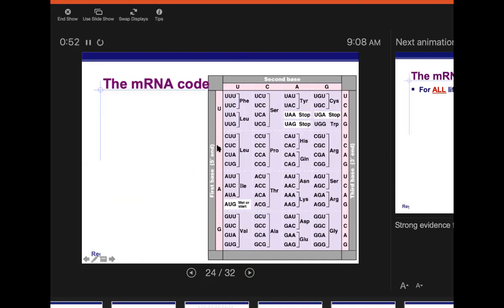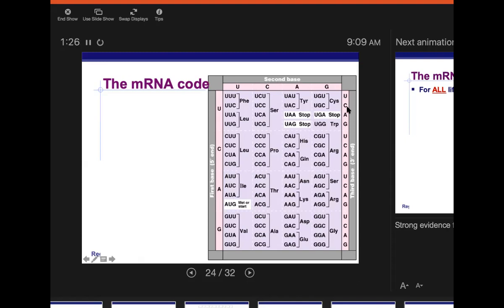So first, you start with the first base in the codon, of the first codon in the strand of mRNA. So the first codon was AUG. So does everyone have that in your head? AUG. So A is the first nucleotide, so I start here, A. Now the second base is U. So I've got AU.